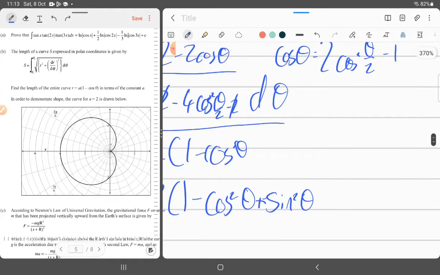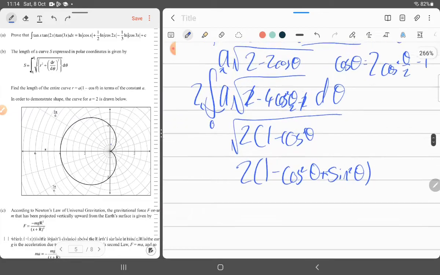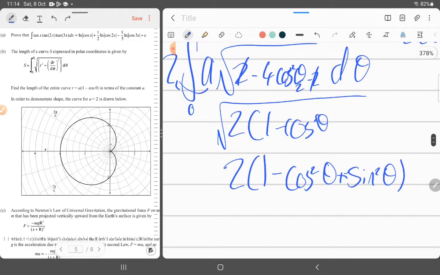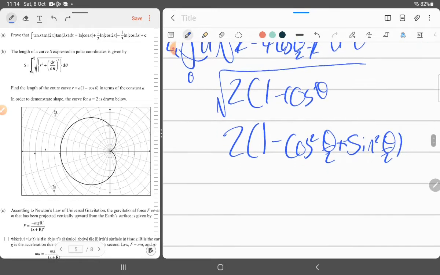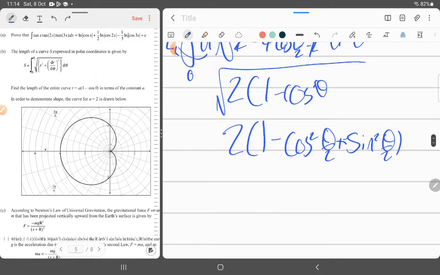Oh no, wait, there's a half angle. Right, that's a half angle. So theta over 2.